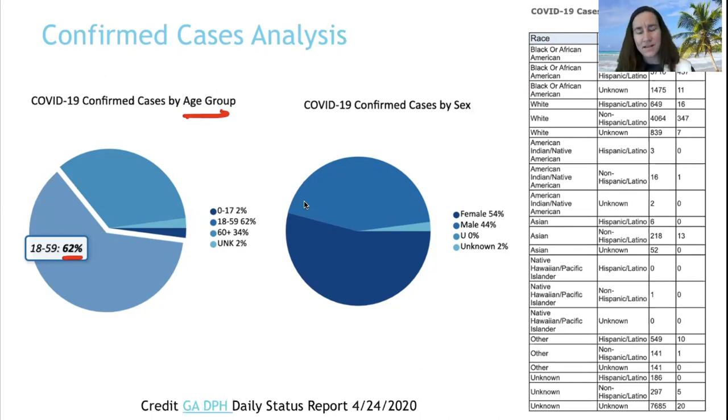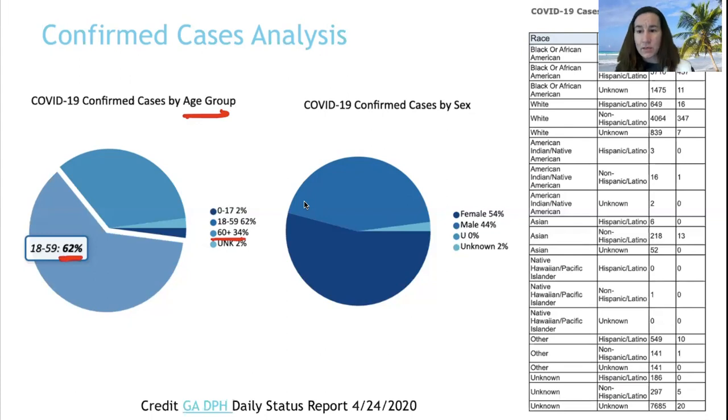My mom's age range, I love my mom, don't get me wrong, but she's in her 70s, and I really worry about her because she's in the susceptible population age range, and she has pre-existing conditions. So she is part of this age range, and that's the second most prevalent age range, the 60 plus.